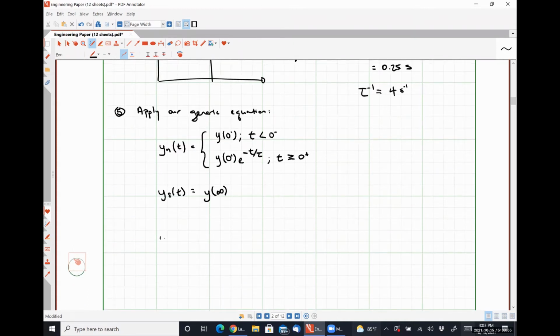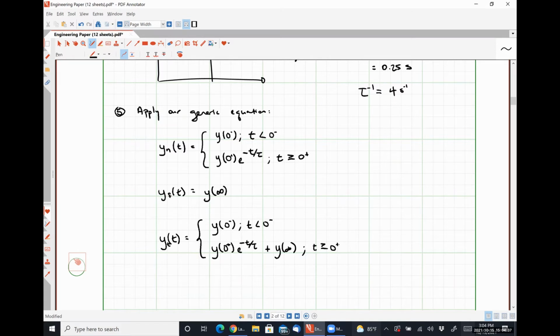So it seems like our total response should then be this: y at 0 minus for t less than 0 minus, and y at 0 plus e to the minus t over tau plus y at infinity for t greater than 0 plus. So I've simply just added on my forced response, and I added on specifically to what's happening after t is equal to 0, because infinity occurs after t is equal to 0.